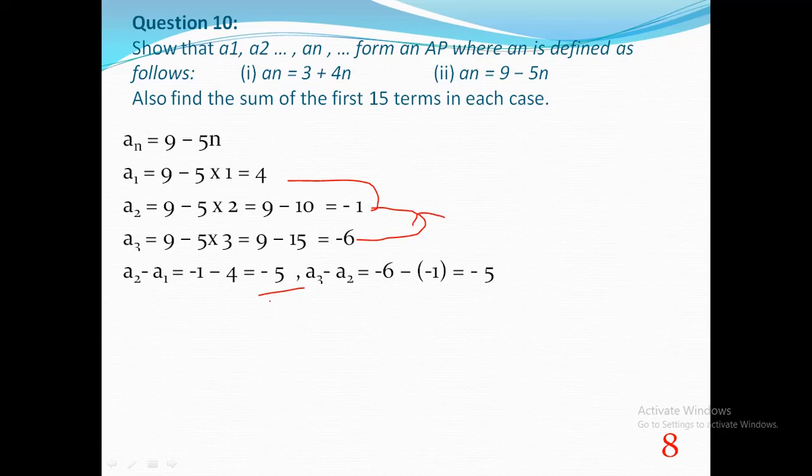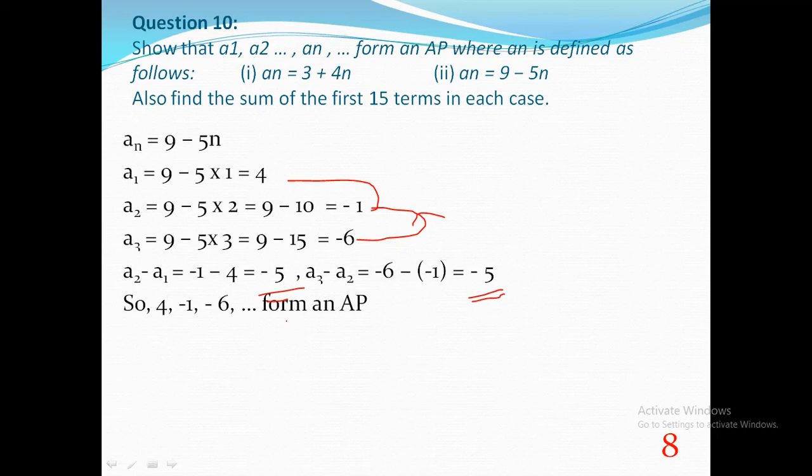So here also minus 5, here also minus 5. The differences between the consecutive terms are the same. Therefore these numbers A1, A2, A3, that is 4, minus 1, minus 6, form an AP.